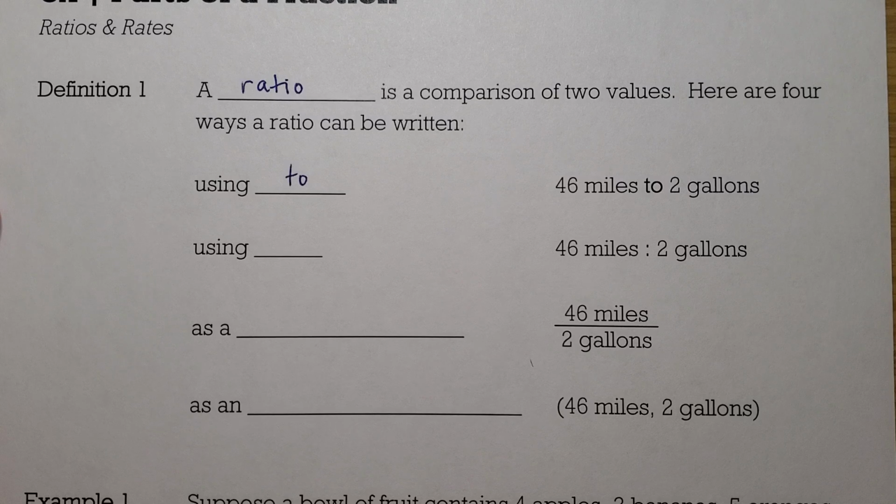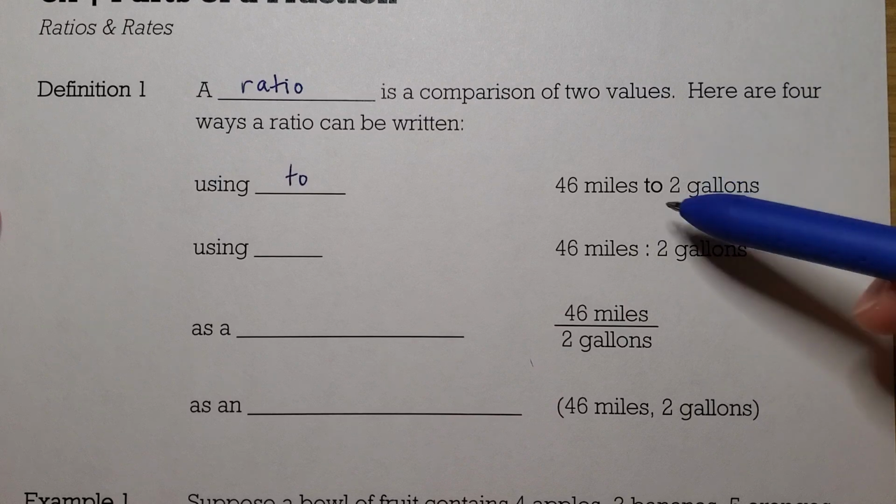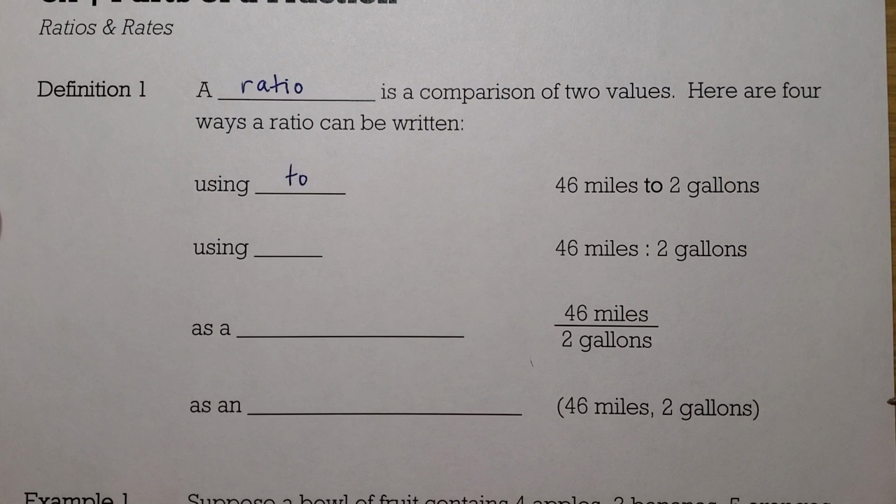Or if you're mixing resin, it might be 2 parts of part A to 1 1/3 parts of part B. So depending on what you're mixing, you might have this ratio of how much of one thing matches with another. So that word to could be used there.